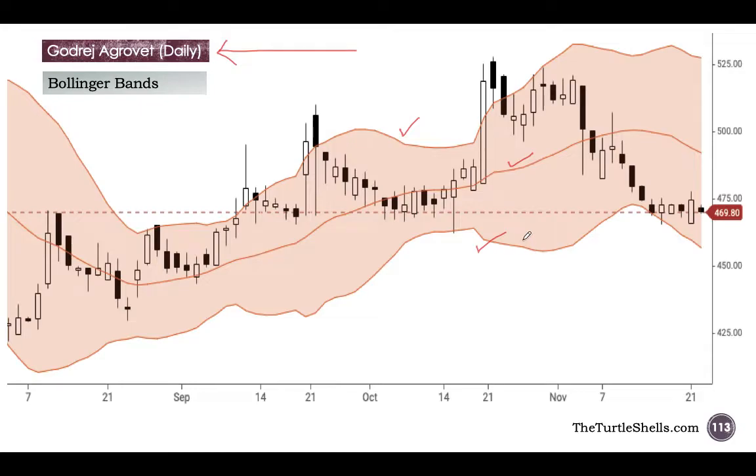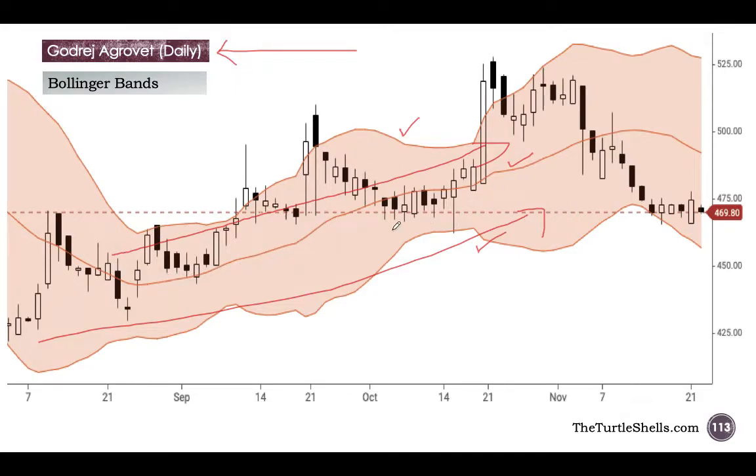In situations where there is an uptrend, you will notice that the price remains between the middle band and the upper band most of the time. In this uptrend, 90% of the time or 80% of the time the price is between the upper band and the middle band.